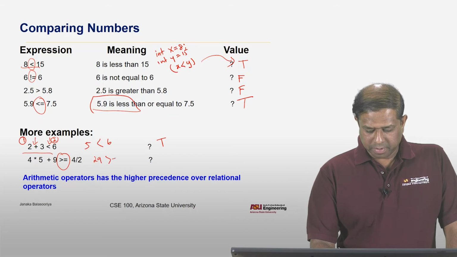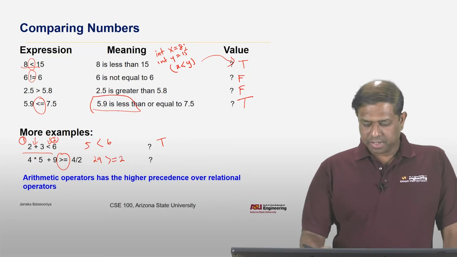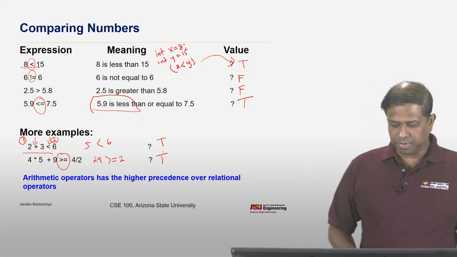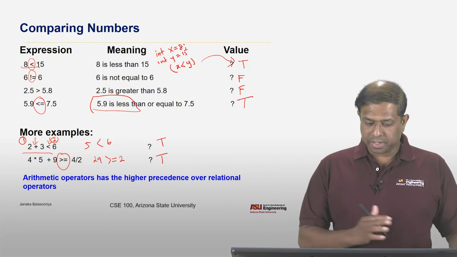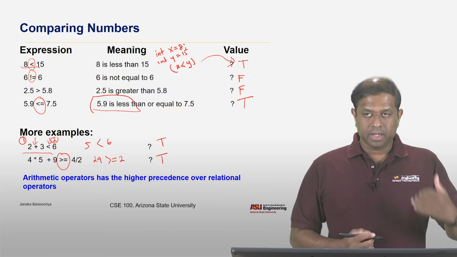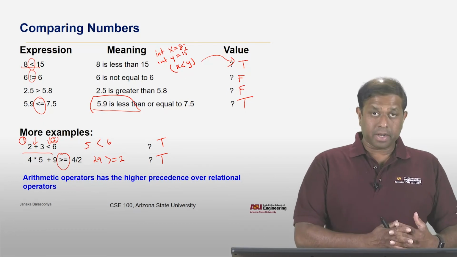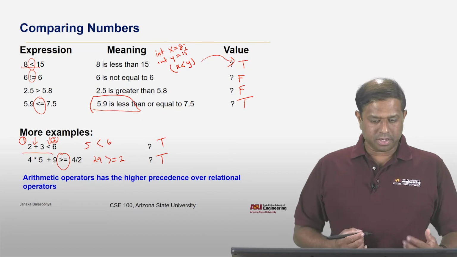So we are checking whether 29 greater than or equals to 2. That's certainly true, so therefore this is going to be true as the output. That's how we evaluate comparisons as well as arithmetic operations together. Always, arithmetic operations have higher precedence over relational operations.